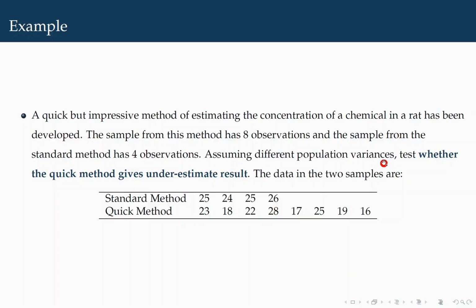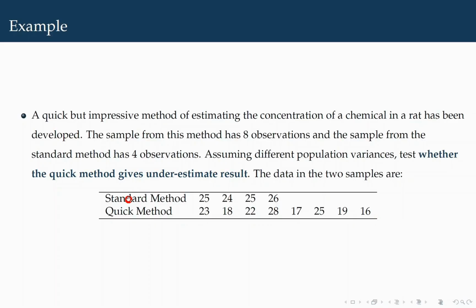Assuming different population variances, test whether the quick method gives underestimated results. The data in the two samples are here. So the concentration of the chemical in the rats, here we have the standard method with 4 observations, and here we have the quick method with 8 observations.